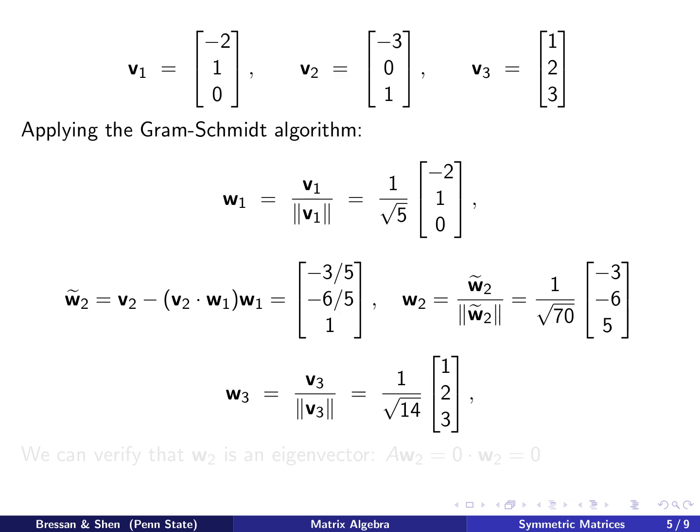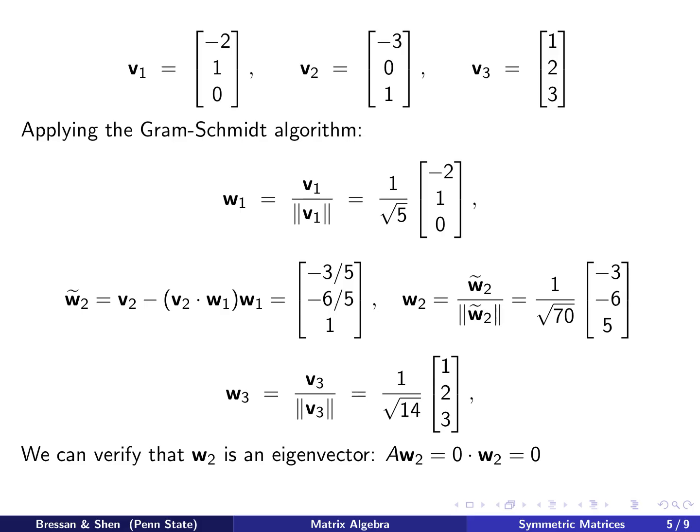Okay, and you can also easily verify it. There are all the numbers here, W1, W2, and V3. You can easily do a calculation and verify that. So what we need to do is only to normalize it. So we take V3 divided by the norm of V3, and we get our W3. So working out the numbers, we'll get that.